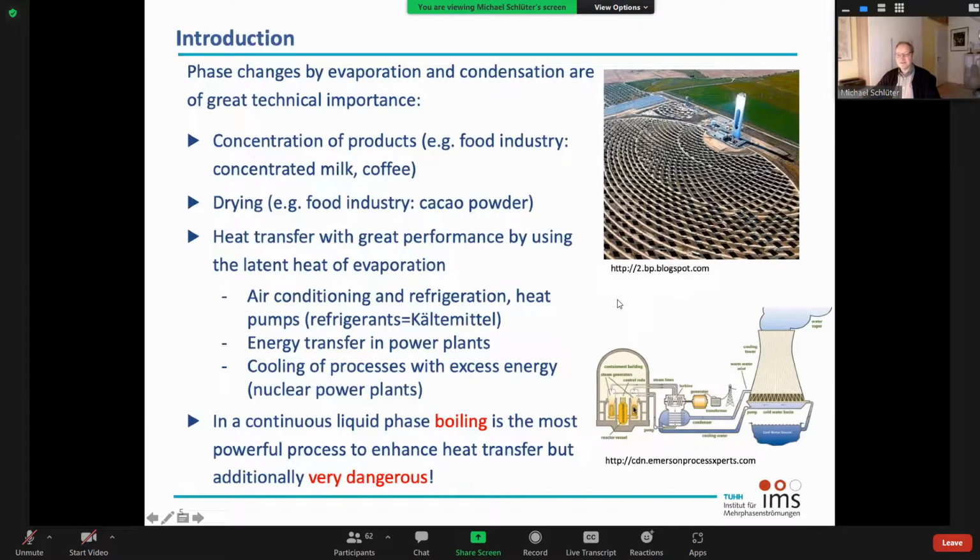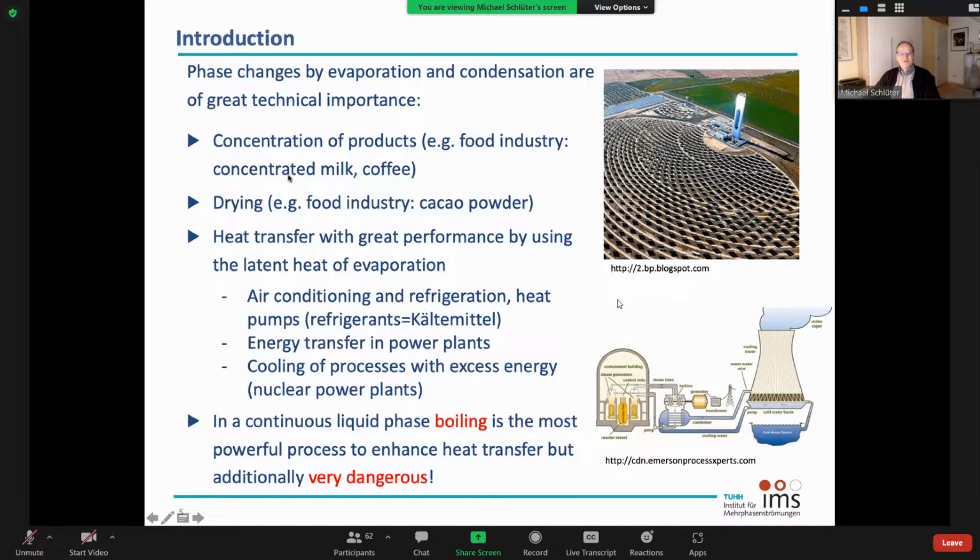But here the heat comes from very bad nuclear power, and here the heat comes from very climate and human-friendly solar energy. But in both cases, you need to know as engineers how to evaporate and to condense, and how much energy and heat can be transferred with this condensation and evaporation. So it's really worth to talk about that.